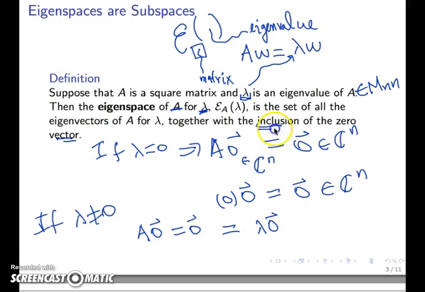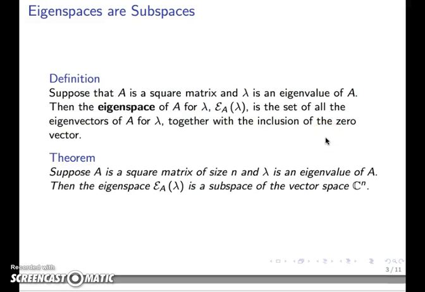So that's why it's important here to remember that this space epsilon A of lambda is considered a set that contains the zero vector, since the zero vector is sort of a trivial eigenvector. And now this theorem tells us, suppose we have a square matrix of size n, lambda is an eigenvalue of that square matrix. The eigenspace E sub A of lambda is a subspace of the vector space Cn. This is a big deal, okay?